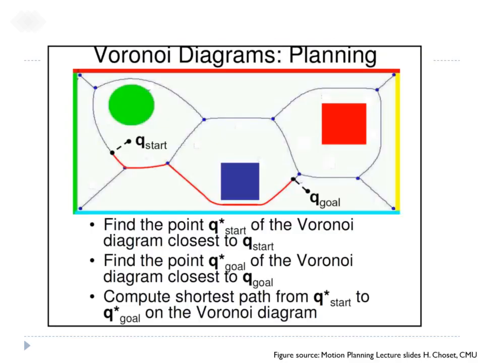Once a roadmap is constructed using a Voronoi diagram, as I told before, you have to find out a path from one location, that is Q start, to another location, that is Q goal. So we find a point Q star start on the roadmap. It is this point.